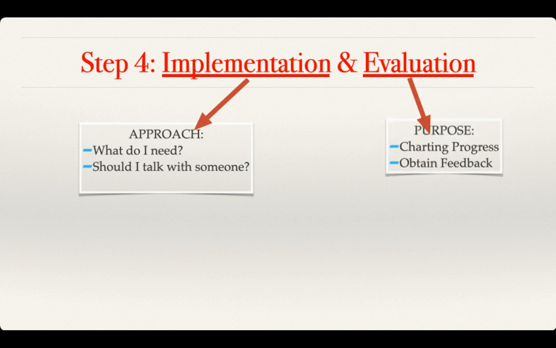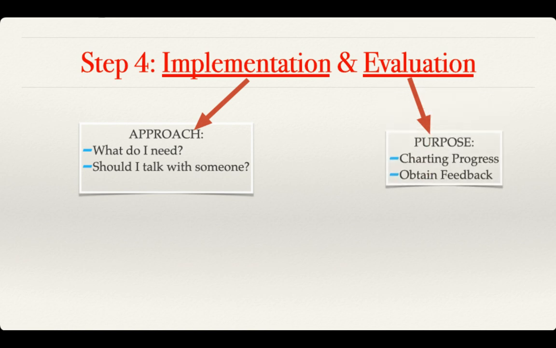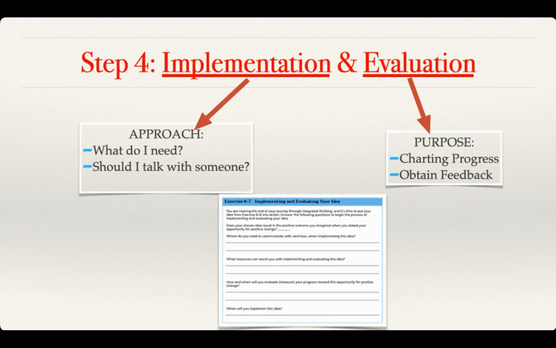This is important not only to chart your progress. Remember our SMART goals, which I said were measurable. So charting your progress, but also it's important to give you some feedback to kickstart the next cycle of integrated thinking. Exercise 6-7 guides you through some questions that will help you make your idea a reality. And I would say make sure you do that.